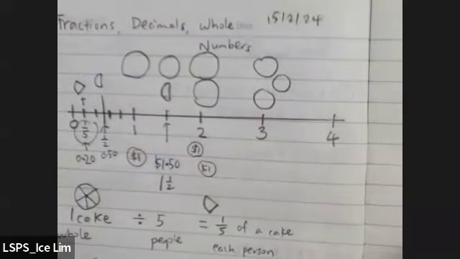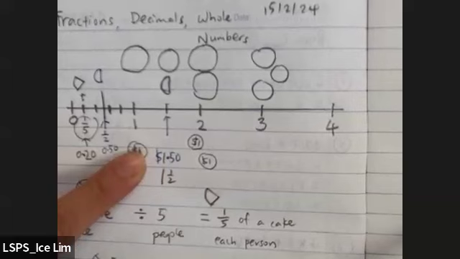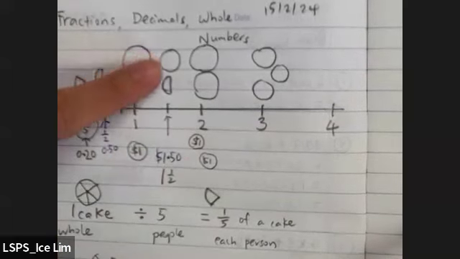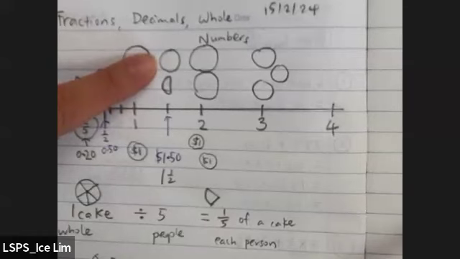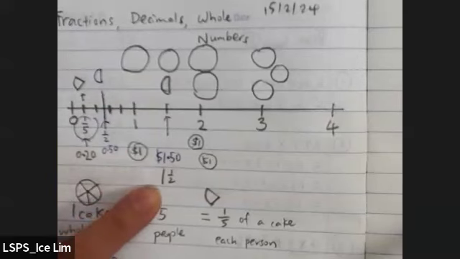Does this make sense? 1.5, that's the decimal. $1.50, like Skylar said, is something like one whole cake and then another half. Can you understand what this is? One and a half, 1.5.